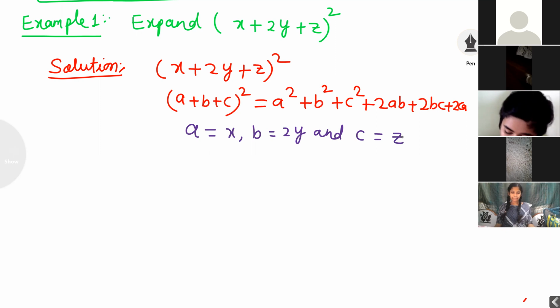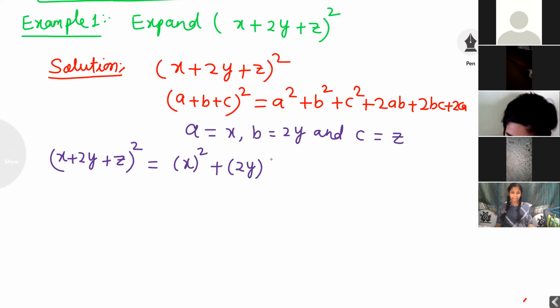Don't write directly, students. Now this value we want to substitute in the given identity. Now I will write here x plus 2y plus z whole square is equal to, again I am reminding students, don't write directly. We can write here x whole square, don't write x square, plus 2y whole square. If you are writing without bracket, 2y square means 2y square only, that is not 4y square.